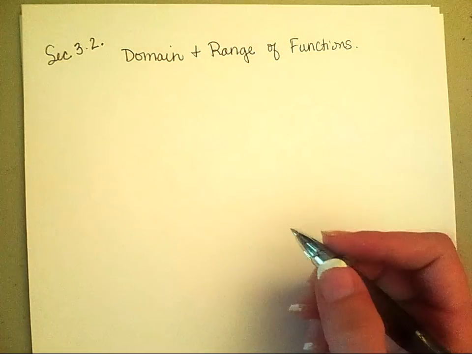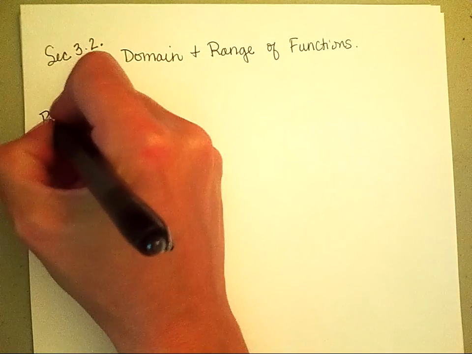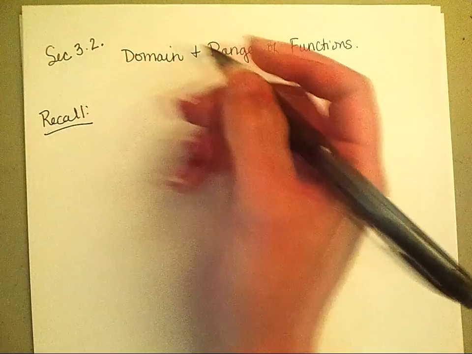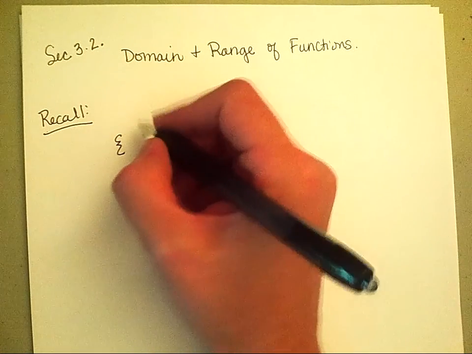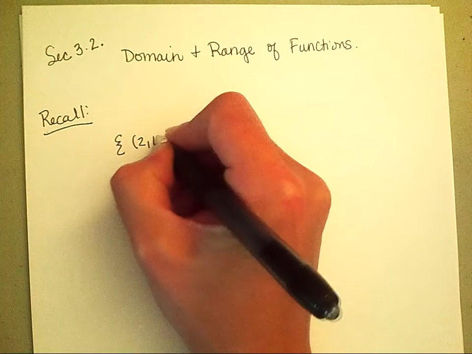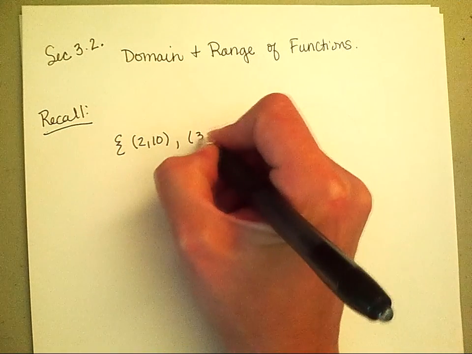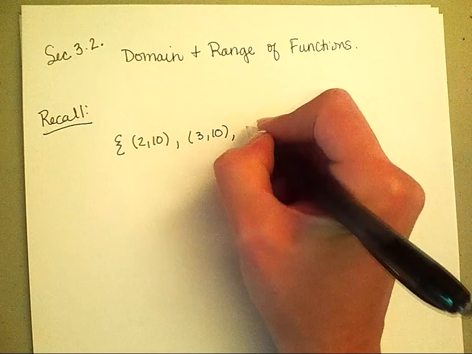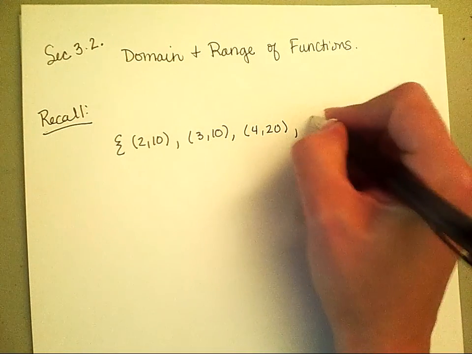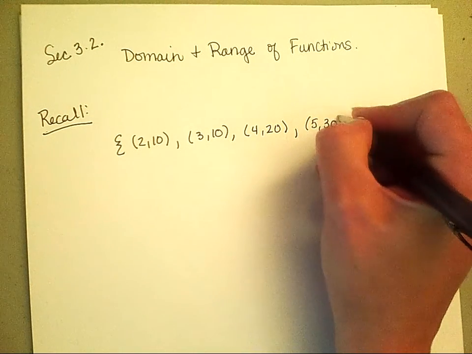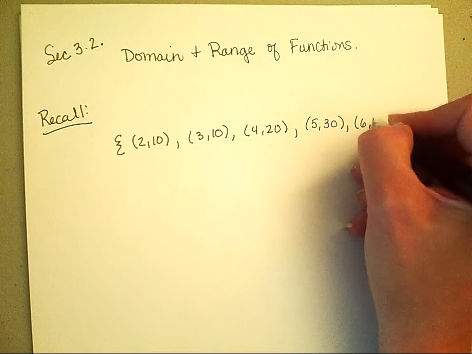So in domain, let's recall from last time, we had a relation, and a relation was a set of ordered pairs, so (2, 10), (3, 10), (4, 20), let's say (5, 30), and (6, 40).